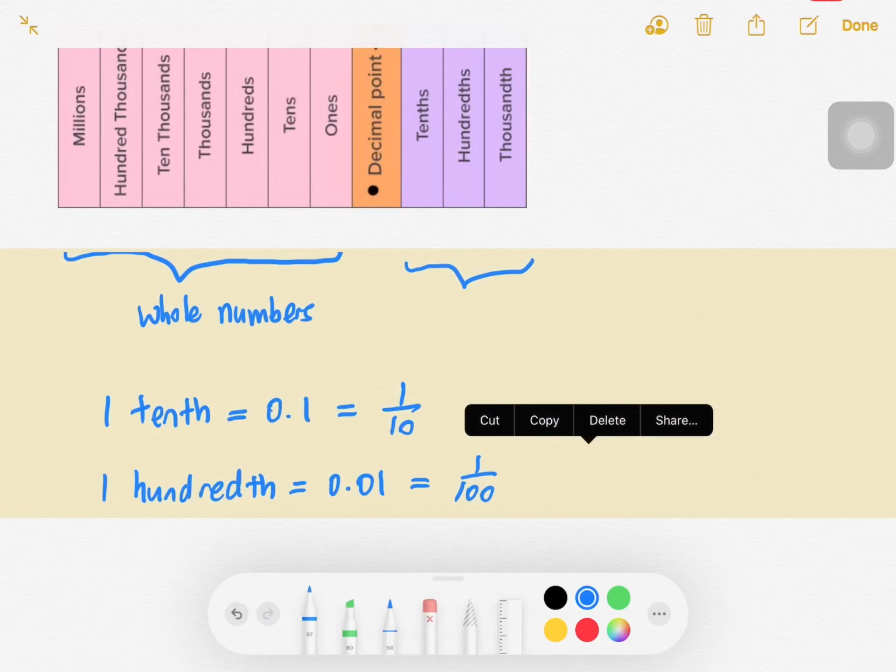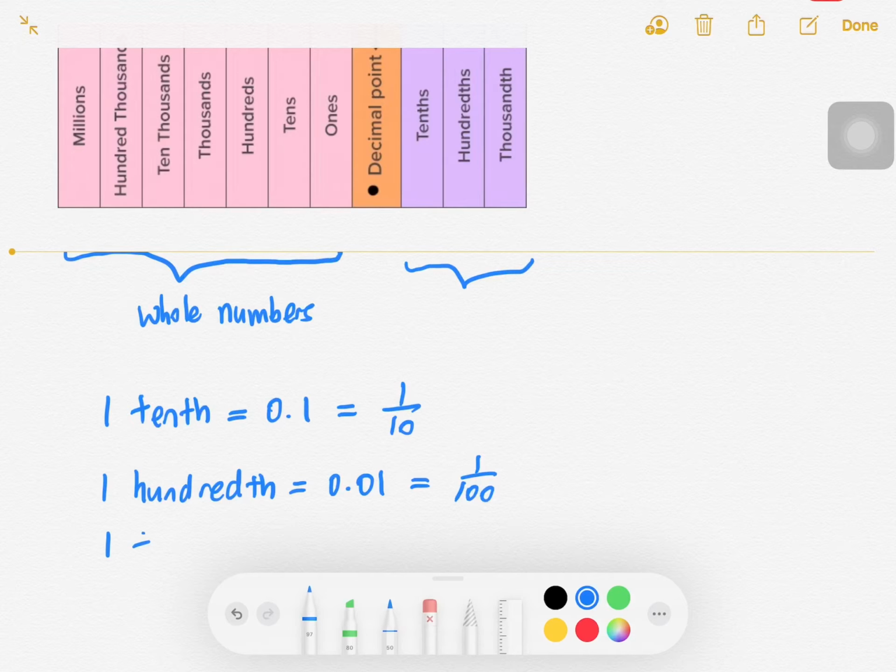And if I have 1/1000, I get 0.001, and the fraction will be 1 out of 1000.